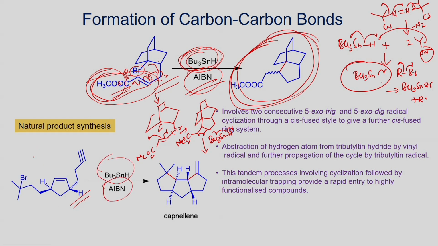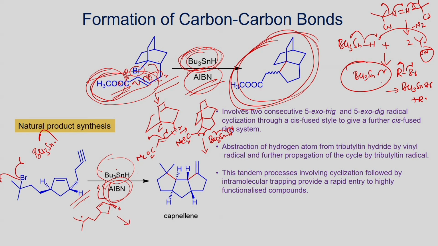If you have the tributyl tin radical that can be generated from tributyl tin hydride and AIBN, this radical can react and you form this tertiary radical. You have this radical.